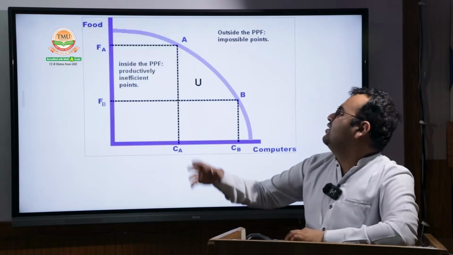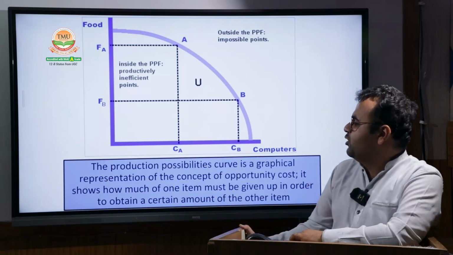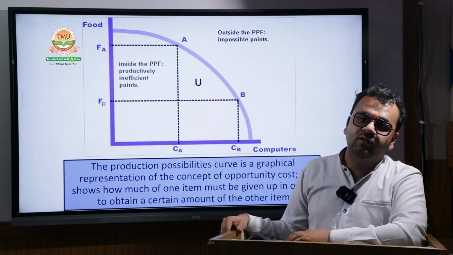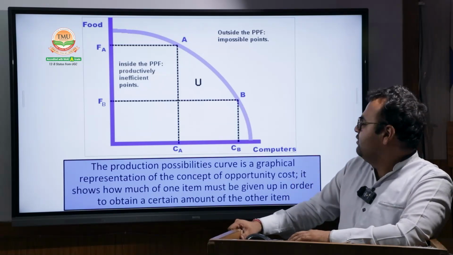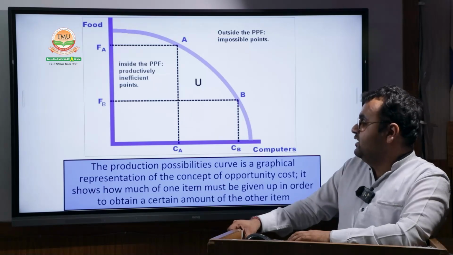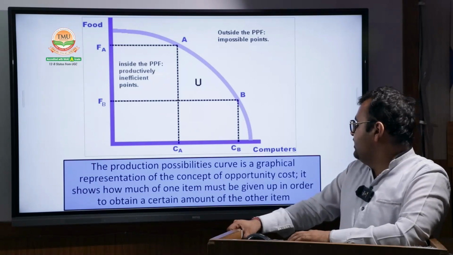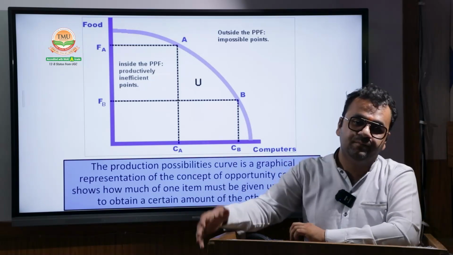Now it is the earlier thing which we have shown, the production possibility curve. I have taught you in the earlier class, PPC. Production possibility curve is a graphical representation of the concept of opportunity cost. It shows how much of one item must be given up in order to obtain a certain amount of another item.